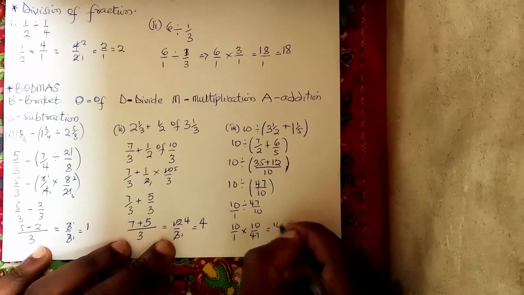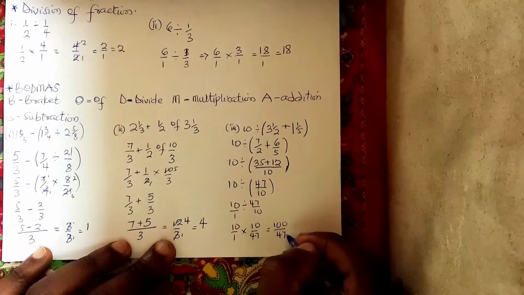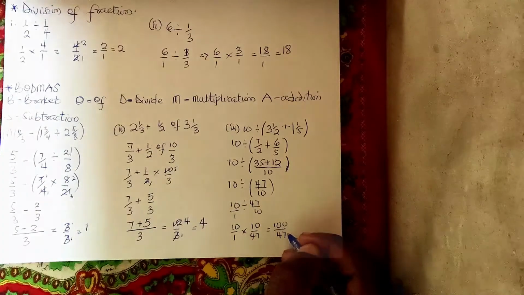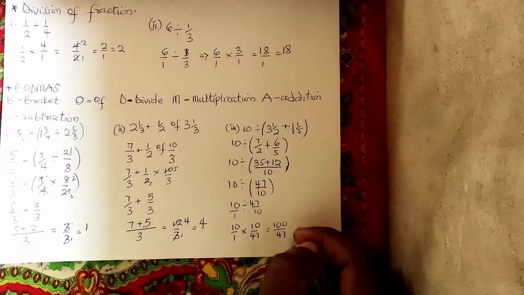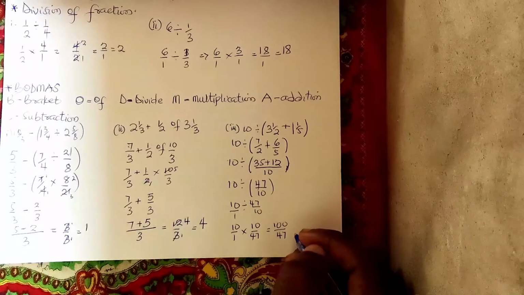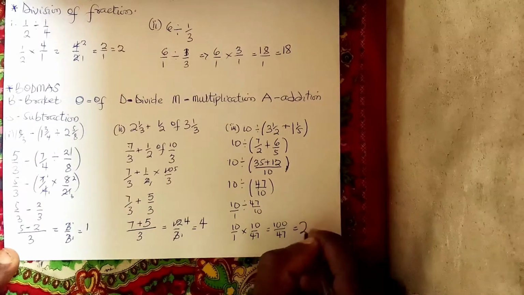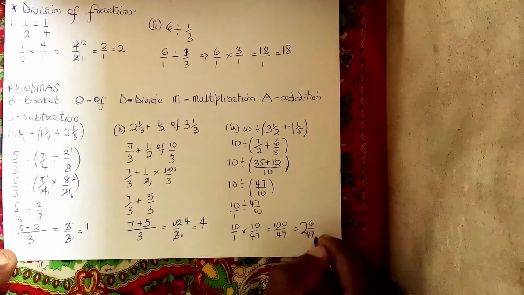We have 100 over 47. We can change this improper fraction into a mixed fraction. So we are going to get 2 whole number 6 over 47 as our final answer.